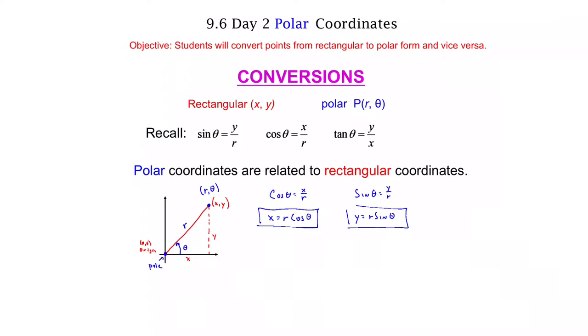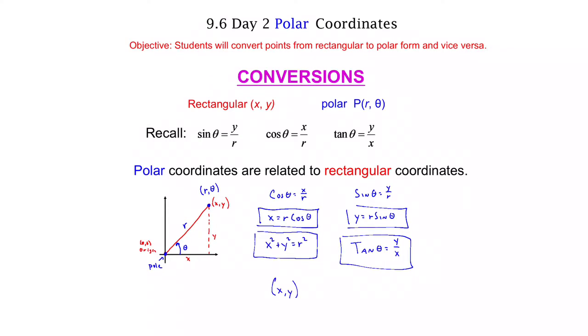We also know, using the Pythagorean theorem, that x squared plus y squared is equal to r squared. And something else that's important is that tangent of theta, that's your polar form, is equal to the ratio of y over x, which is used in rectangular form. So these are also ones that we will be using for conversions.